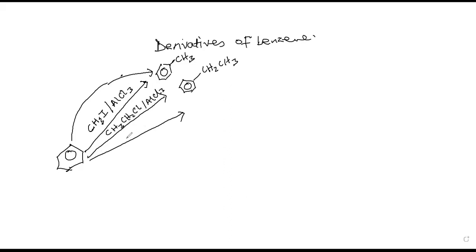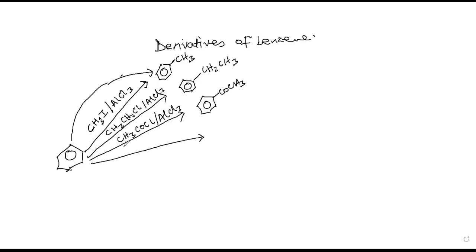Still, I'm giving a summary, you can carry out acylation, where we use an acyl chloride, that is CH3COCl, in presence of a halogen carrier, maybe aluminum chloride, and this gives phenylethanone, COCH3. Then still, you can carry out nitration.